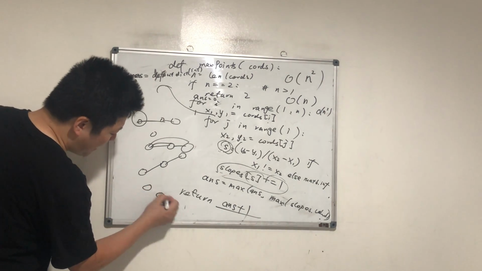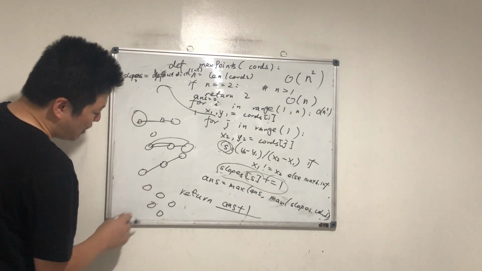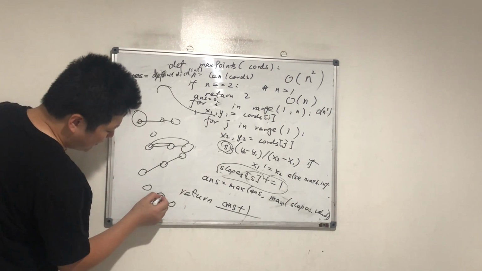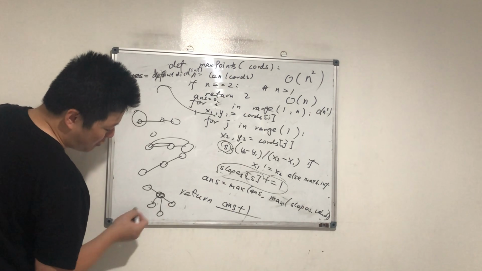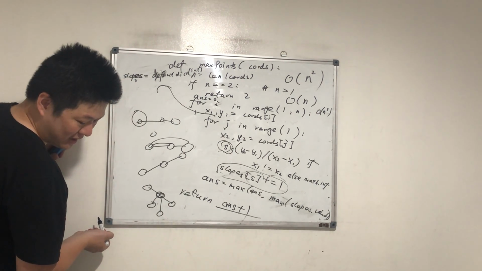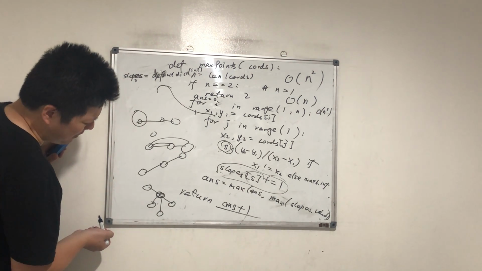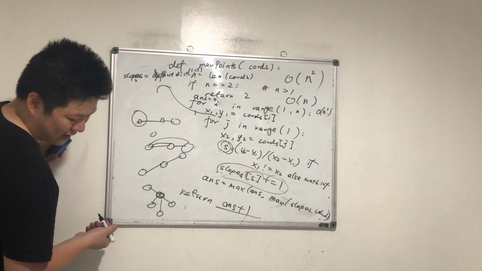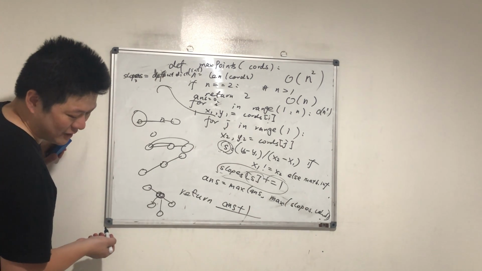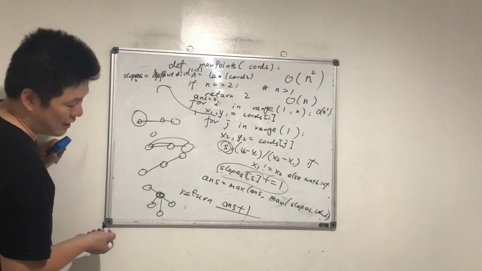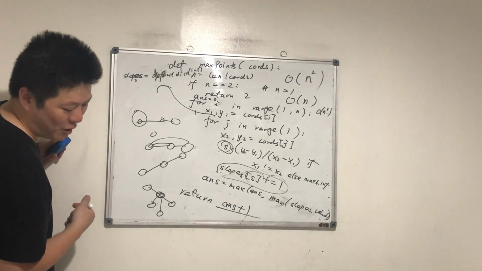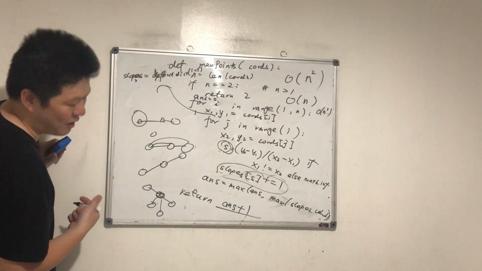So we have n points, for each pair, for each point. And we have how many slopes? The maximum, minus 1. Definitely minus 1. So what's the space complexity? O-N, yes.